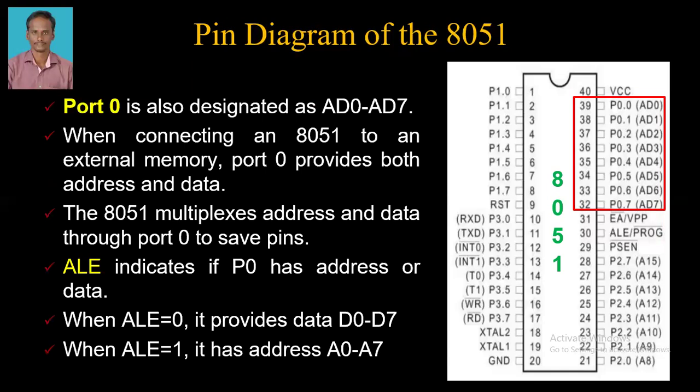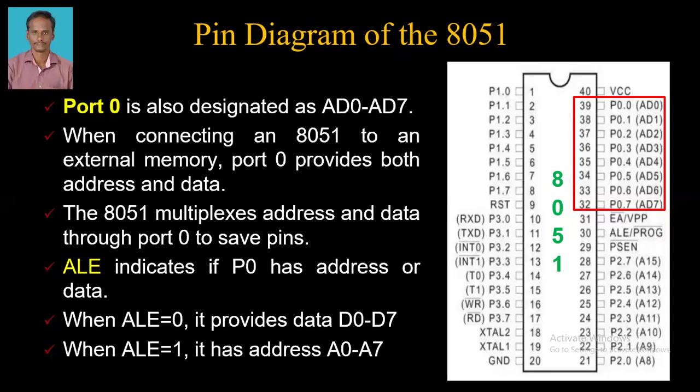So first is port 0. Port 0 is connected to pin numbers 32 to 39. Port 0 is also designated as AD0 to AD7 because this port can transfer either data or address. When connecting an 8051 to external memory, port 0 provides both address and data.